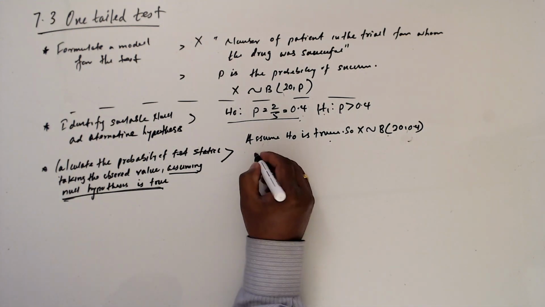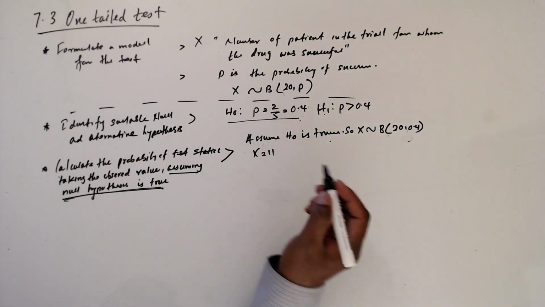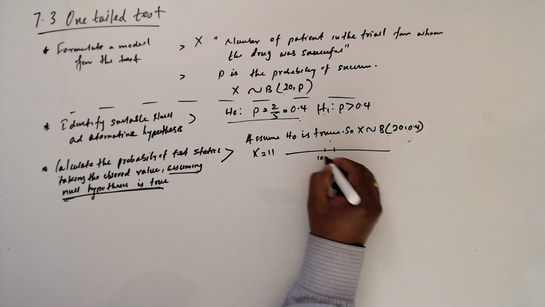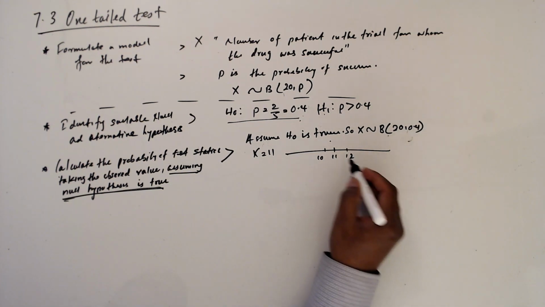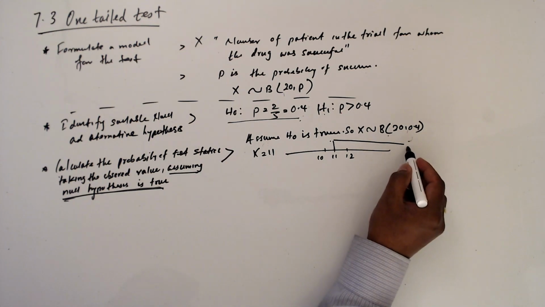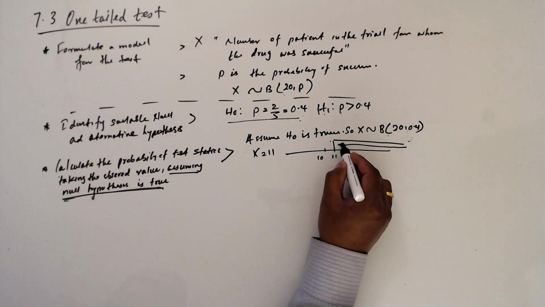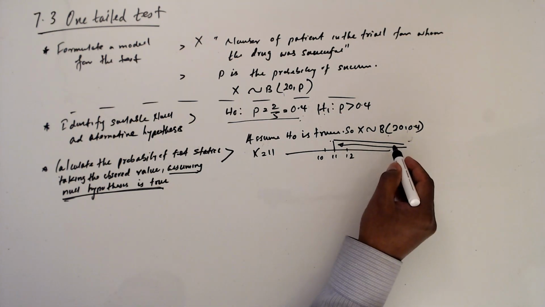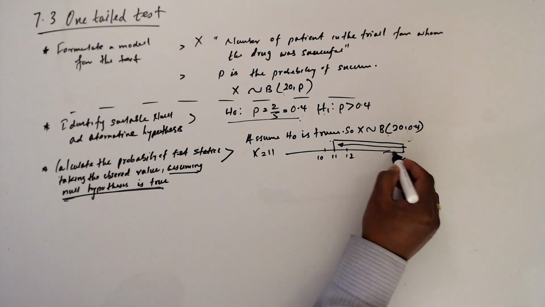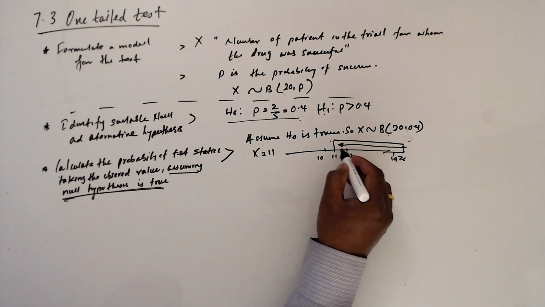Now the observed value is x equal to 11. On the number line, this is 10, 11, 12. Then you want to find the probability from right to left; you have to add everything: the probability of 20, 19, up to 12 and 11.